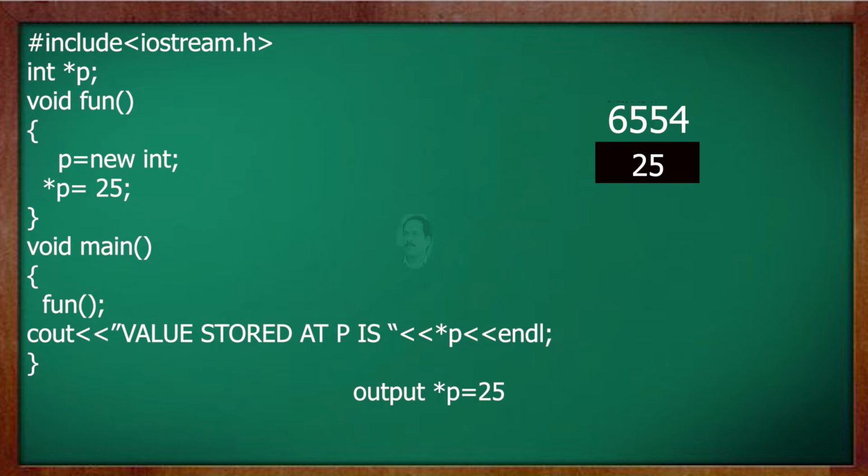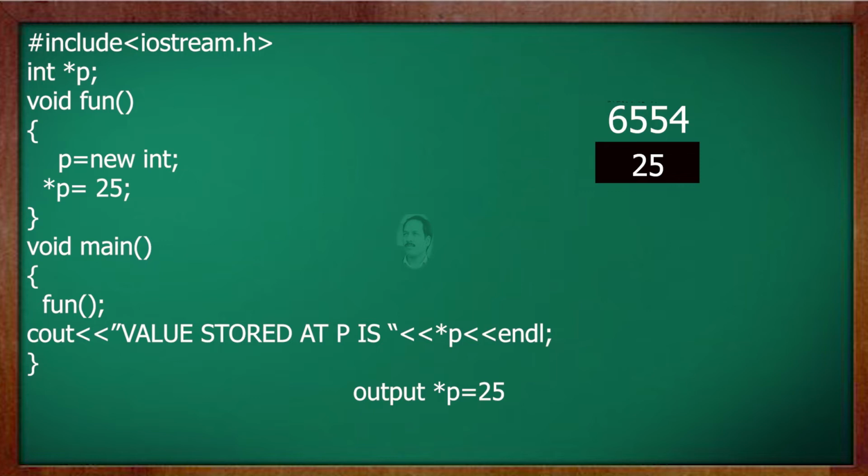Then we exit the function, come back, and display the value stored at p, that is *p, which is 25. So this is displaying 25. I have not declared any variable. I declared a pointer, but not any variable. The space is obtained dynamically using the new operator.